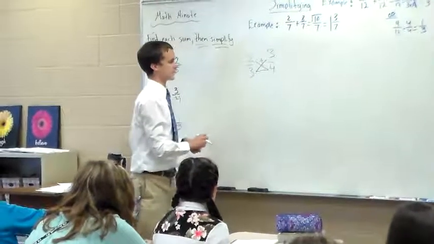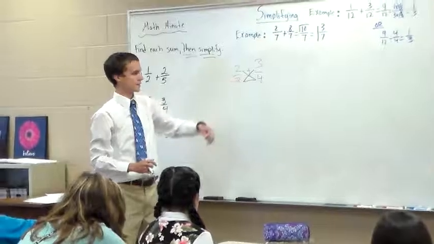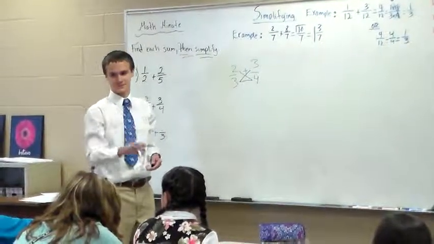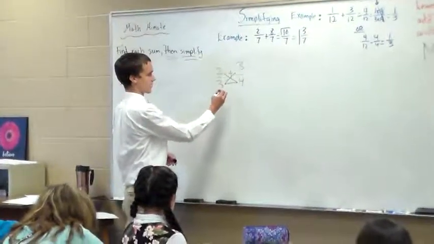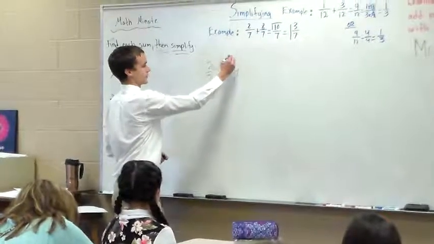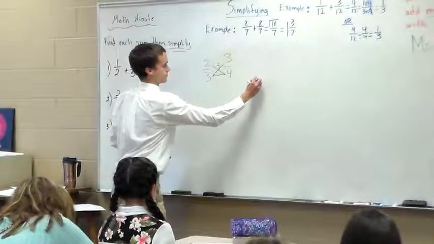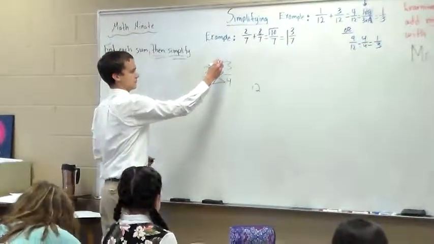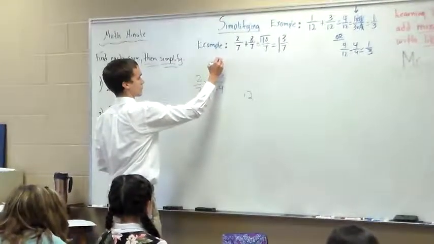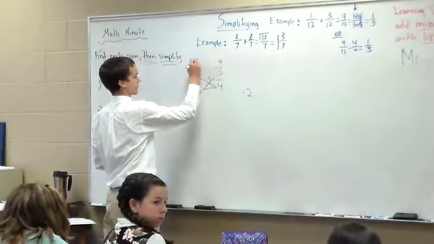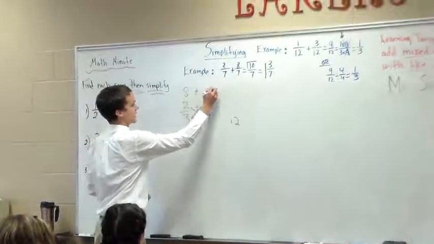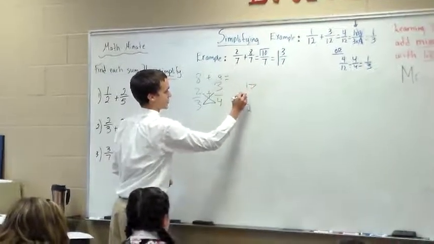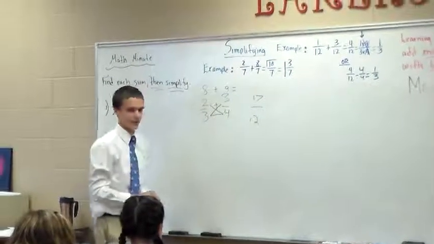Excellent. Multiply 3 times 4, which is 12. 3 times 3 is 9. 2 times 4 is 8. You add it together and you get 17. 17/12. Is that your final answer?